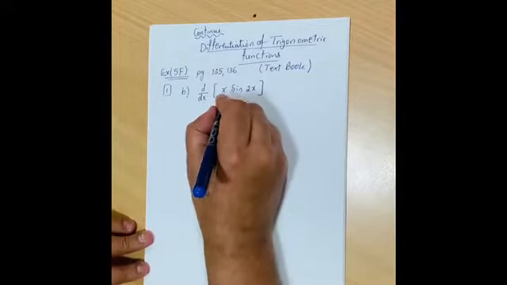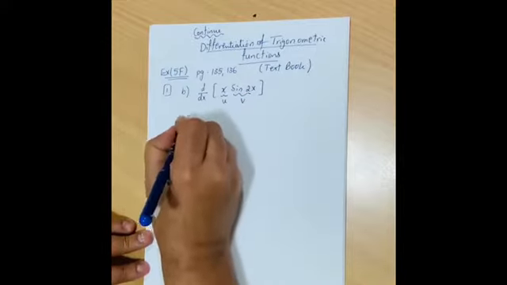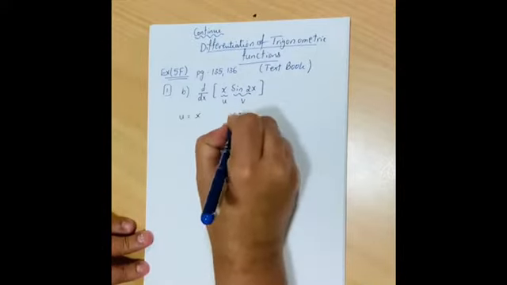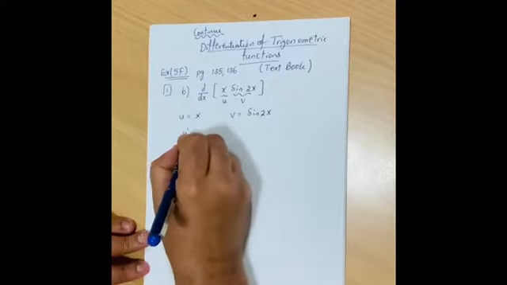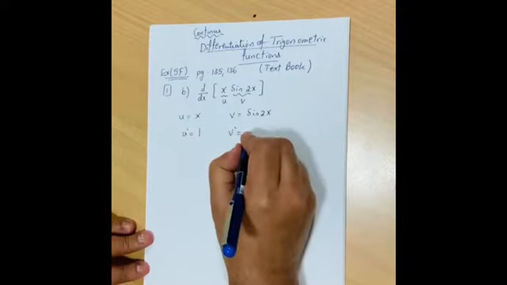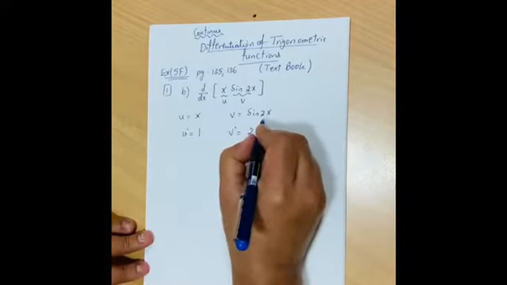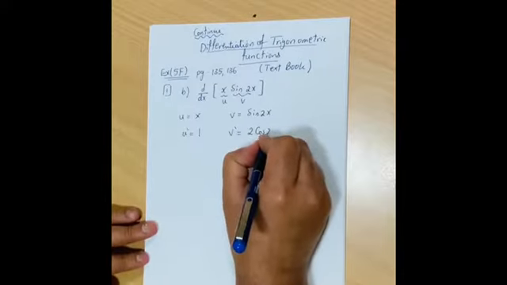So we have to name one of them as u and the other one as v. u is x and v is sine 2x. u dash, the derivative of x, is 1, and the derivative of v is 2 cosine 2x. Remember, the derivative of 2x is 2 and the derivative of sine is cosine of 2x.